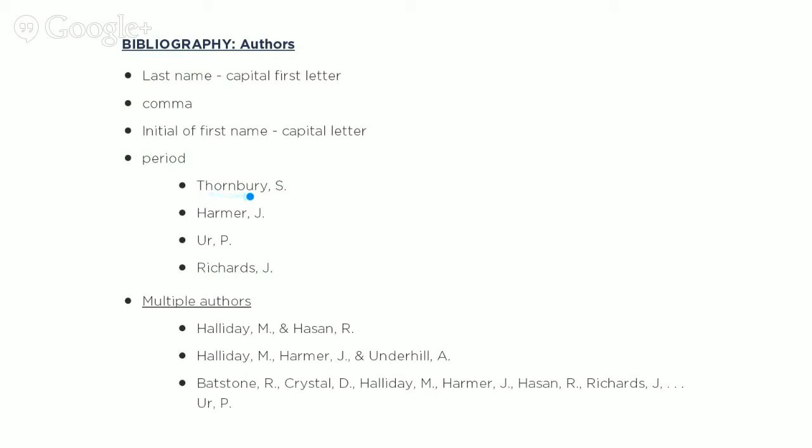This is the last name, comma, initial of the first name, capital letter, and we finalize on a period. So we have Thornberry, comma, S, period. Here we have last name, comma, first letter, capital of the first name, and finalize on a period. Harmer, comma, J, period. Comma, P, period, and Richards, comma, J, period. And that's how you start a book listing with the author.